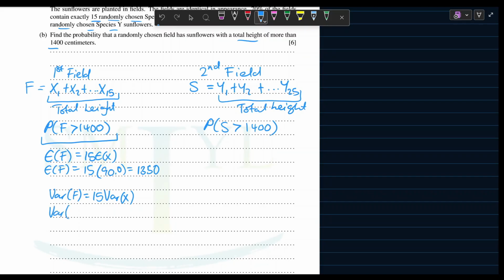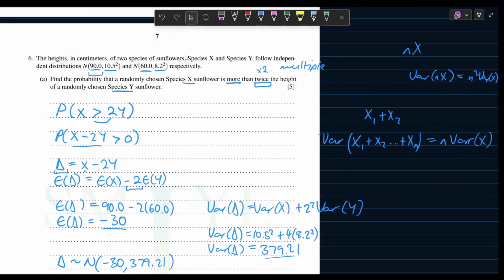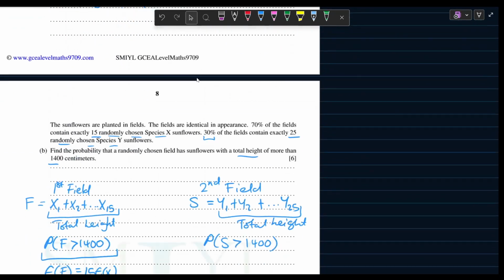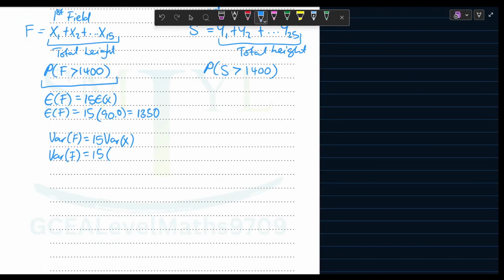So the variance of F is 15 times the variance of X. Variance of X is 10.5 squared, right? Yeah. Okay, so 15 times 10.5 squared.